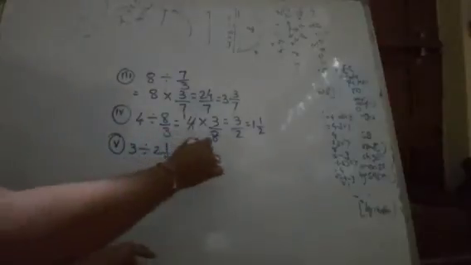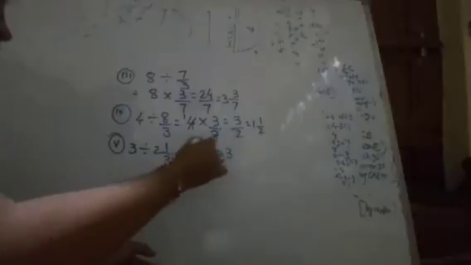Fifth one we see. Fifth is 3 divided by 2 integer 1 by 3. First of all, convert this integer form into improper fraction. 3 2s are 6 plus 1, that is 7 by 3.